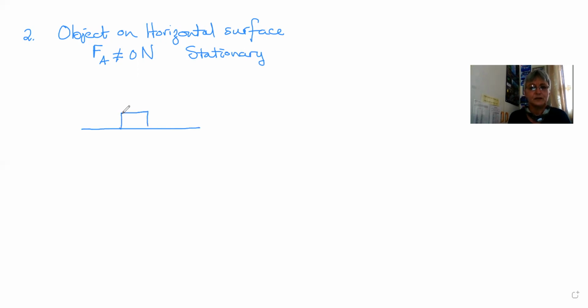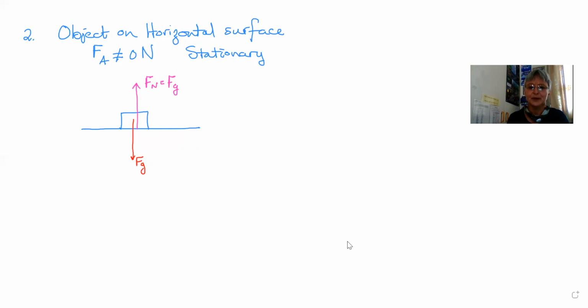So there is our object. Let's identify the forces acting on the object. Gravity, normal. Once again, these two forces in the vertical plane will be in equilibrium, so the normal force would be equal to the gravitational force in magnitude, in size.